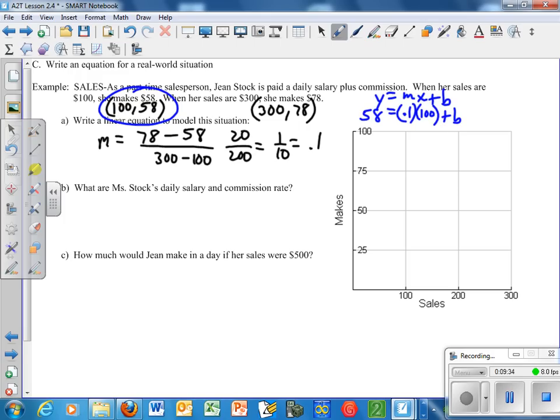So 58 equals 0.1 times 100 is 10, plus b. Subtract your 10, so b is 48. So b is 48, which means my equation is y equals 0.1x plus 48. My y-intercept is 48.